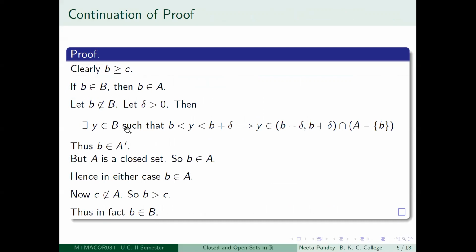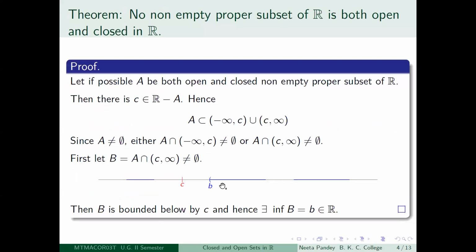So whether b belongs to B or not, it doesn't matter. We get that b belongs to A. But now, in this particular case, you notice that C is not in A. So b belongs to A and C is not in A. That is what we had started with, right?